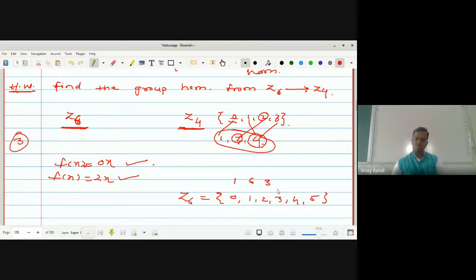The order of 2 is 3. The order of 3 is 2, and so on. Okay, is there an element of order 4 in Z6? No. Hence that does not exist. So f of x is equal to 3x and 0x, these two will come.